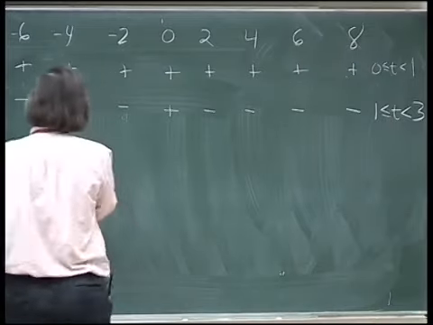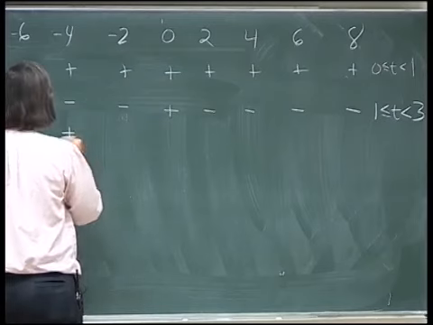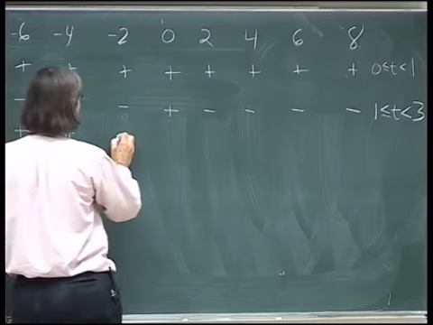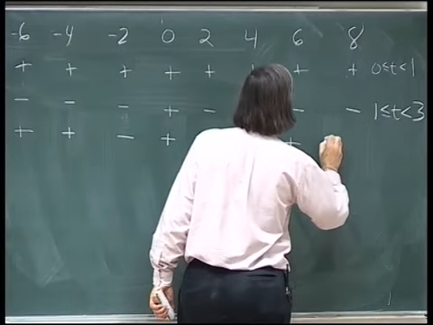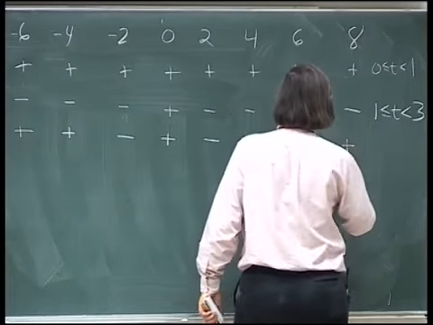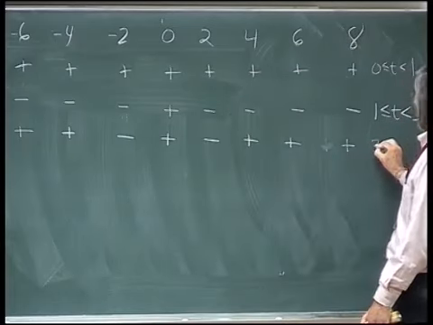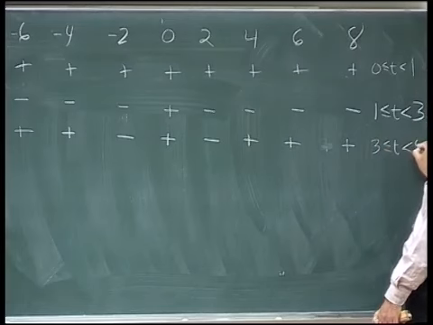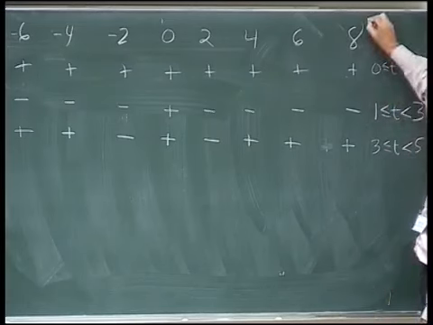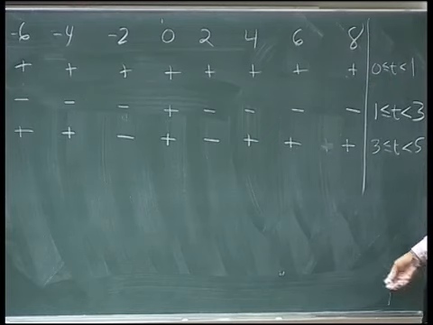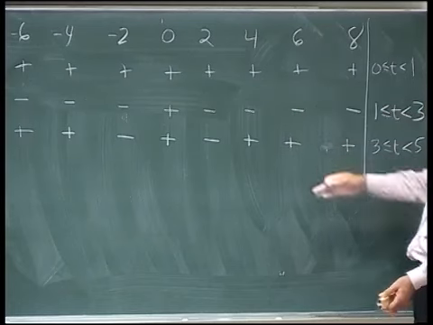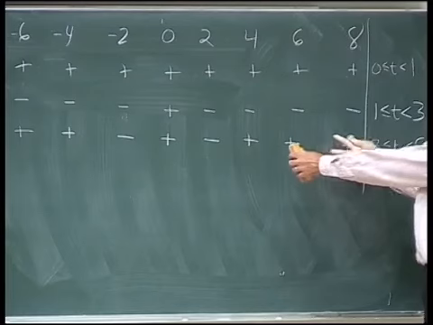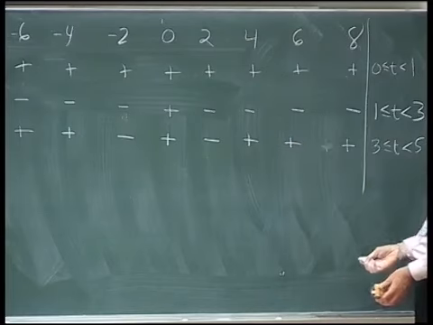And then the pluses continue for 3 less than or equal to T less than 5. If you can make sense out of these pictures, it isn't hard to guess what the pattern is.